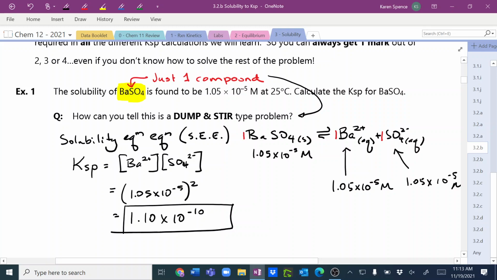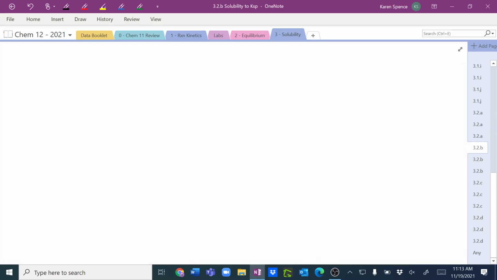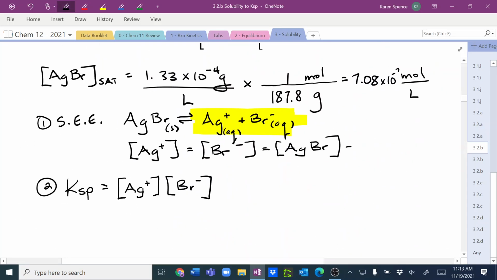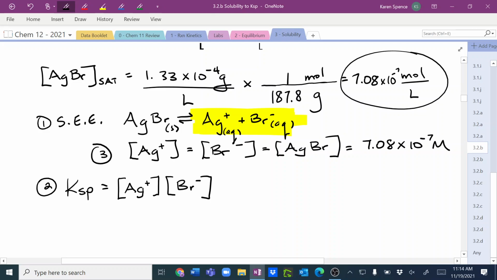I didn't leave myself enough room here in my next one. So I'm just going to write that they're all equal, and they are equal to 7.08 times 10 to the minus 7 molar. So that's our third thing that we get marks for, is somehow writing down what our concentrations are.